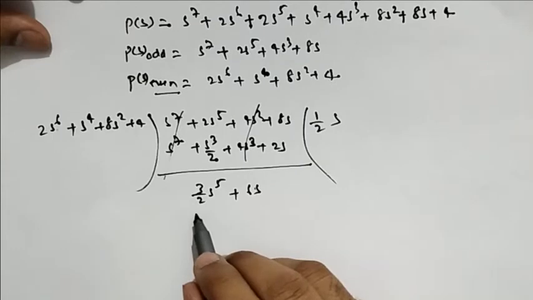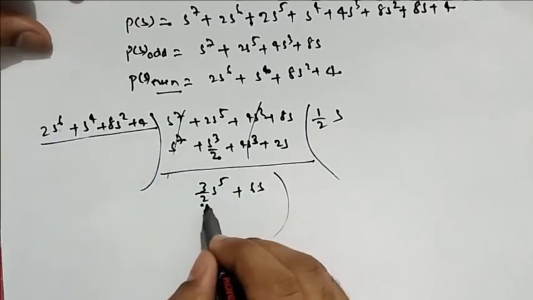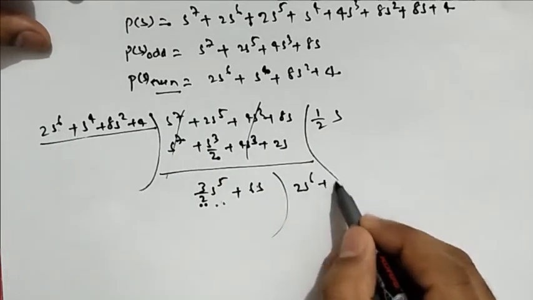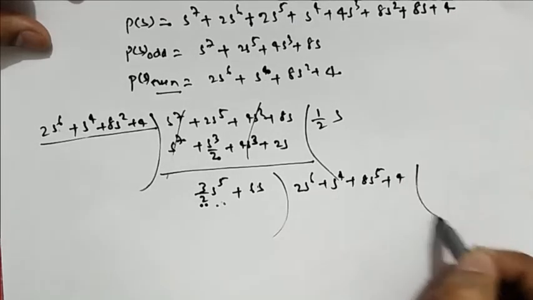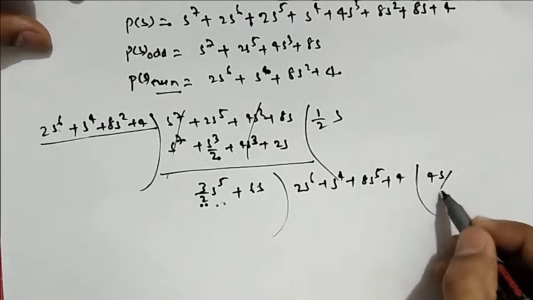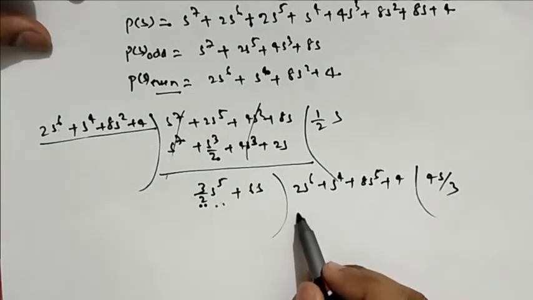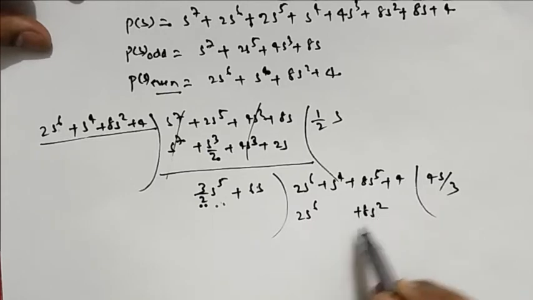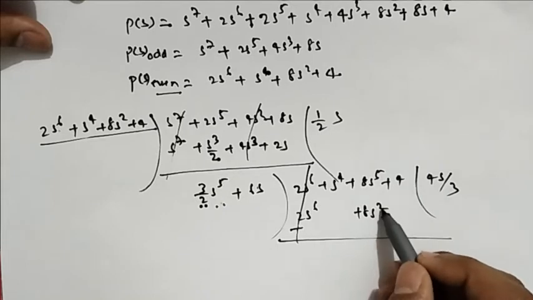Now I am going to divide this with this one. Now writing the whole expression, 2s^6, s^4, 8s^5 into 4, and this will be your 4s by 3. If I divide by 4s by 3, then it is going to give me 2s^6 plus 8s square.